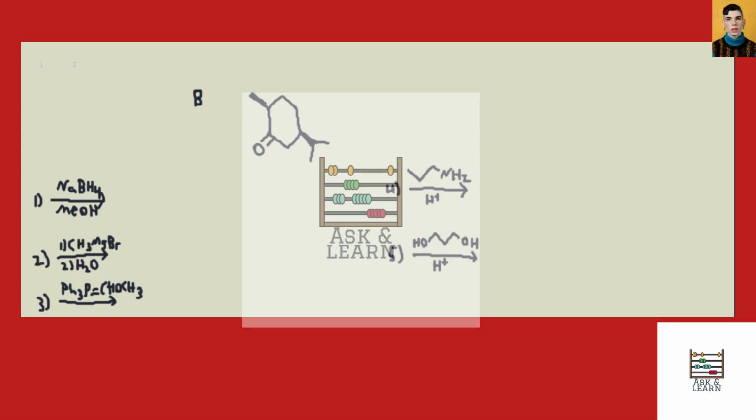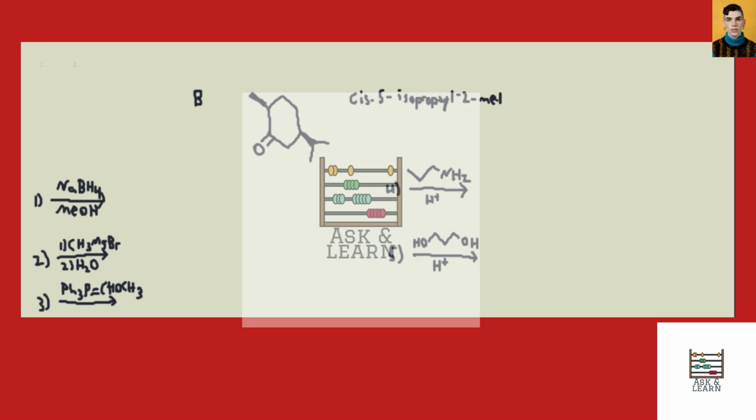This is going to be named as a cyclohexane derivative, so it'll be cyclohexanone. And then if we number making the ketone carbon number 1 and give the substituents the lowest possible numbers, we get a methyl group at 2 and an isopropyl group at 5, and they are cis to one another.